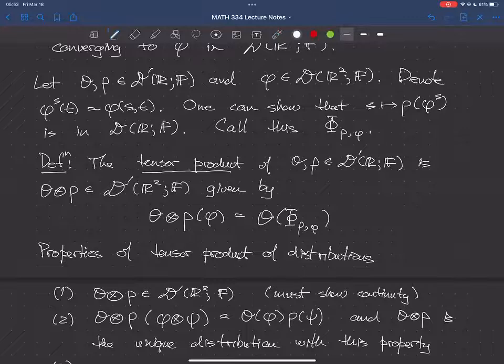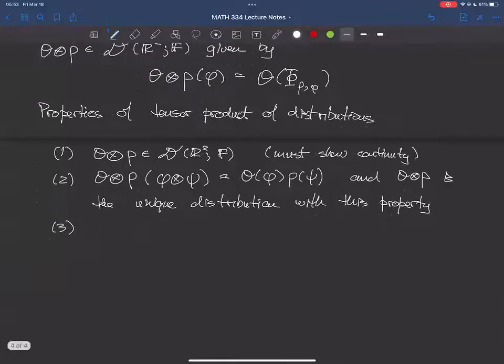The point is it doesn't matter, and you can see why it doesn't matter from there already. The point is that theta tensor rho is rho tensor theta. So this tensor product is commutative.